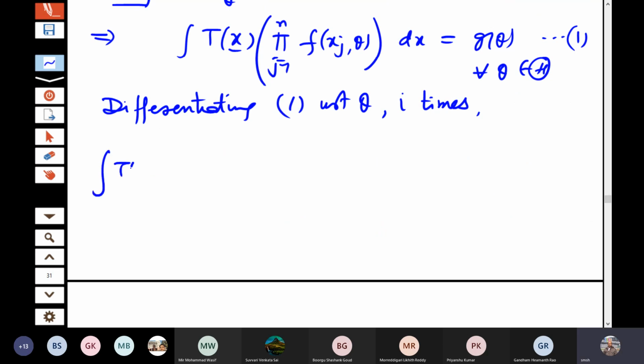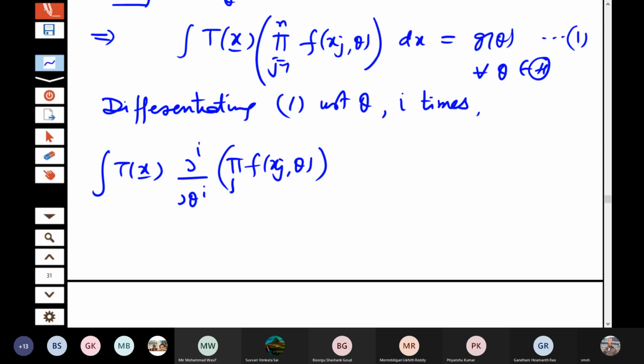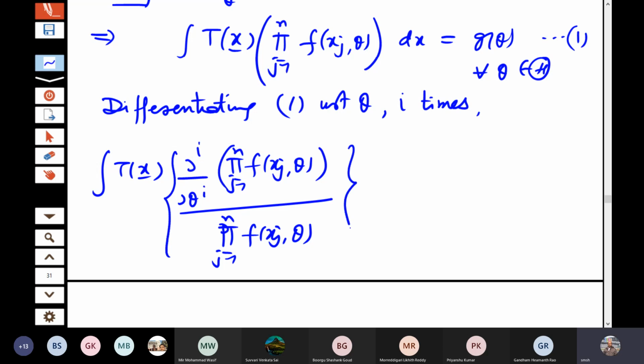This will give me Tx and derivative of this, that is nothing but Si. Because I will get del I by del theta I, product of f xj theta, j is equal to 1 to n. So I can consider divisor also product of f xj theta, j is equal to 1 to n, and here product of f xj theta, j is equal to 1 to n, dx.